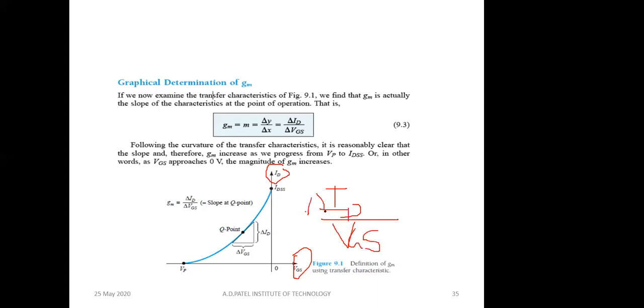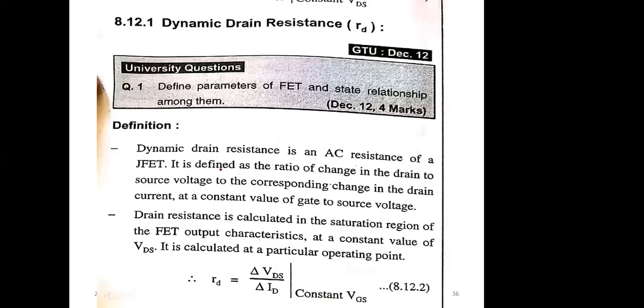We take the slope as shown in the figure and project it on the x-axis and y-axis, so you get delta ID by delta VGS. That is called the transconductance. The unit will be the inverse of resistance, that is mho, or you can say Siemens, which is another way of saying the unit of GM.